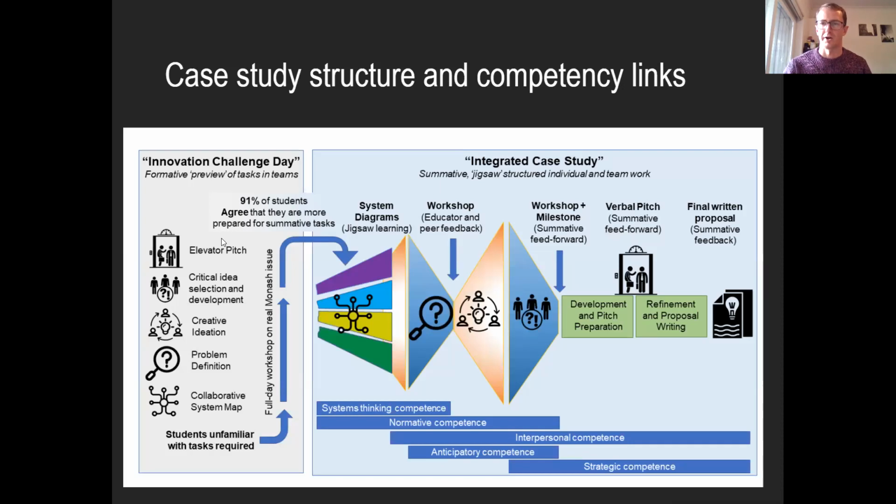And we do that on a problem that is local to them. We use a campus-based sustainability example that they've got lived experience of. And then we throw them into a broader case study that lasts for the remaining 10 weeks of the unit. And we've been using the transport system of our city as a broad example.